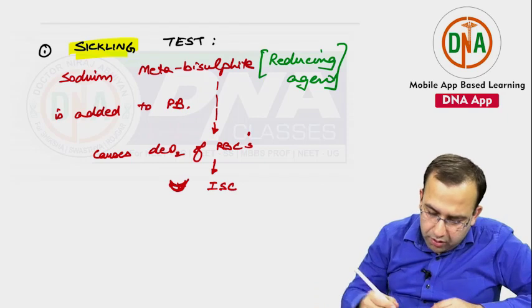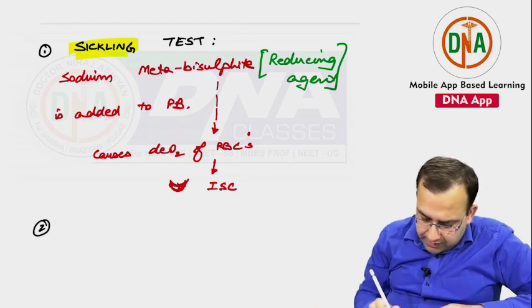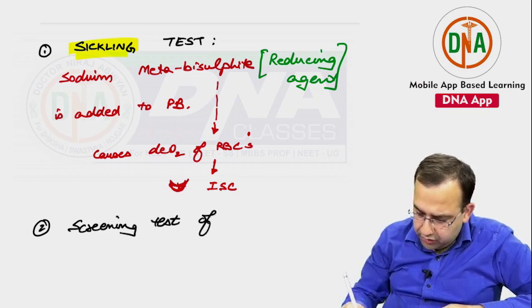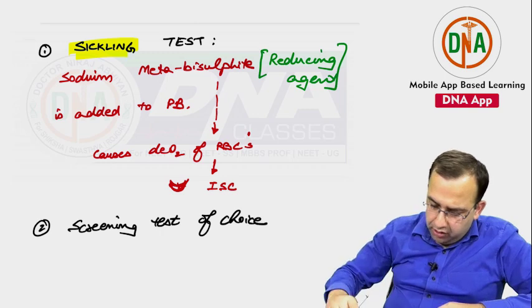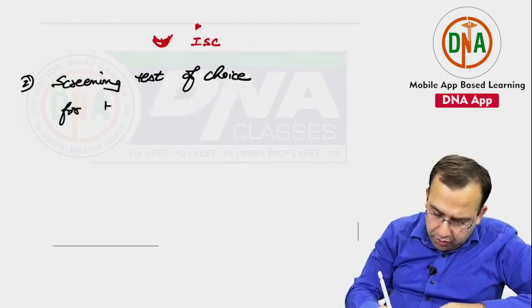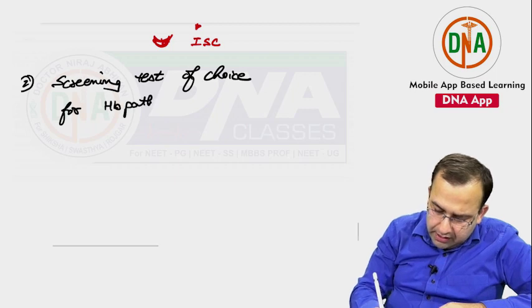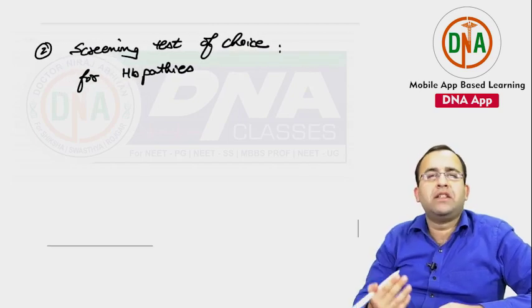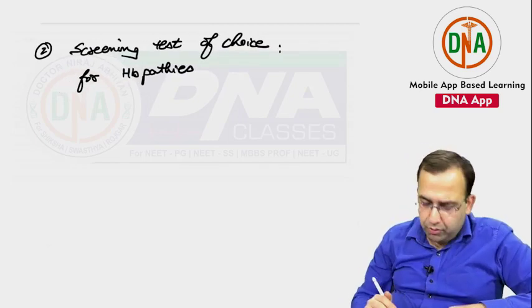So what I wanted to impress upon is the screening test of choice for hemoglobinopathies. It does not matter whether it is sickle cell anemia or thalassemia, let it be any hemoglobinopathy.